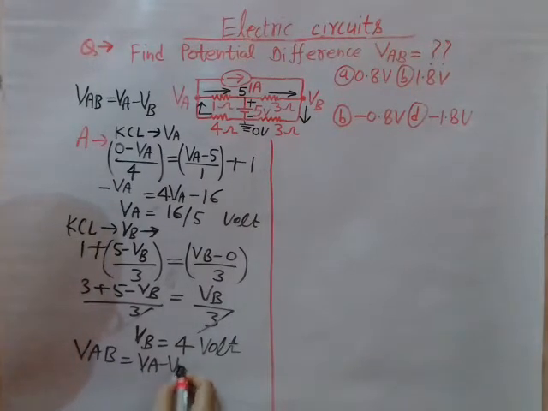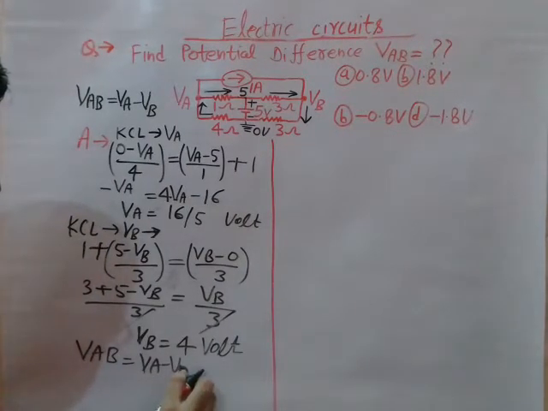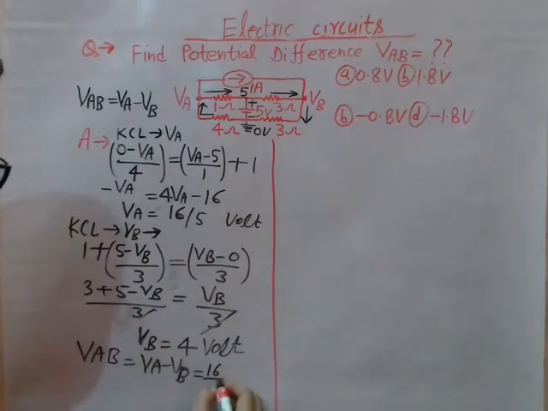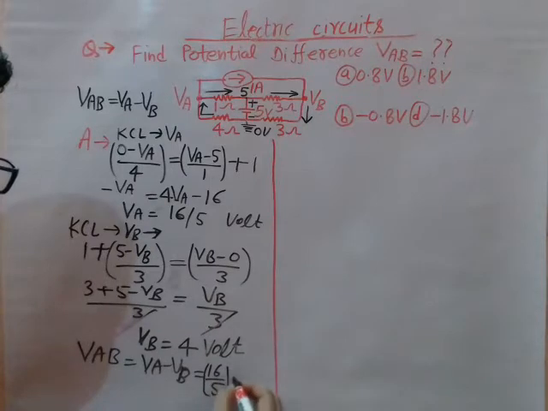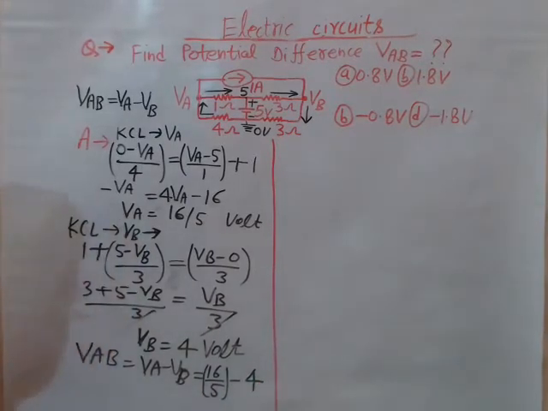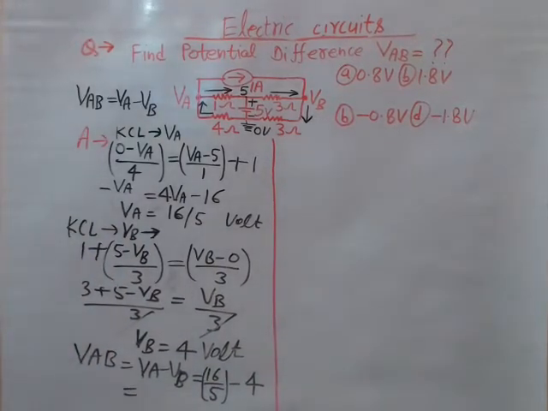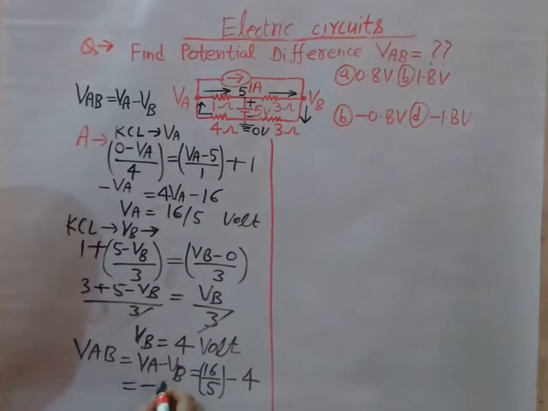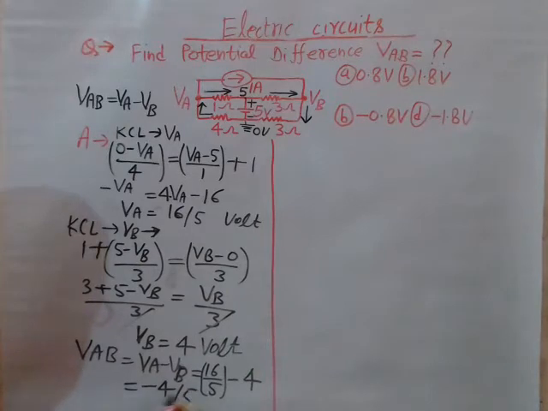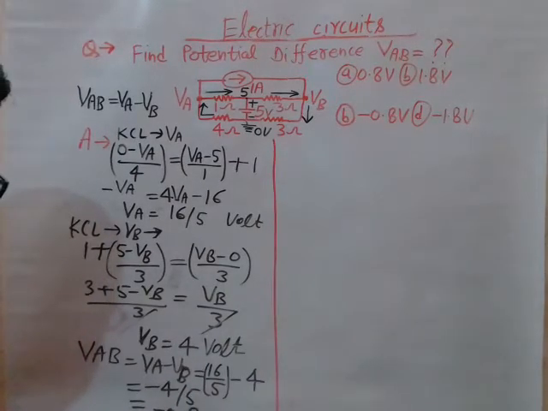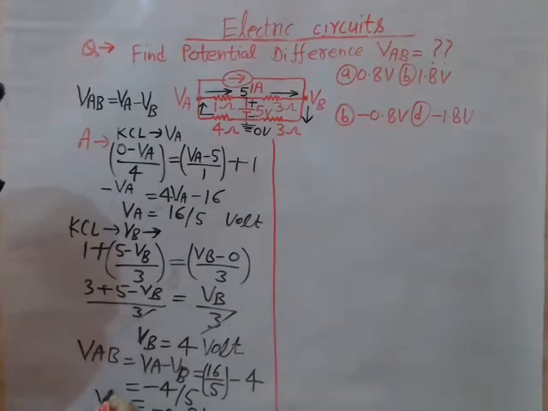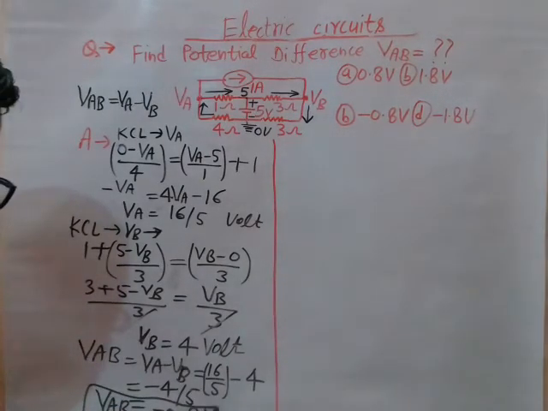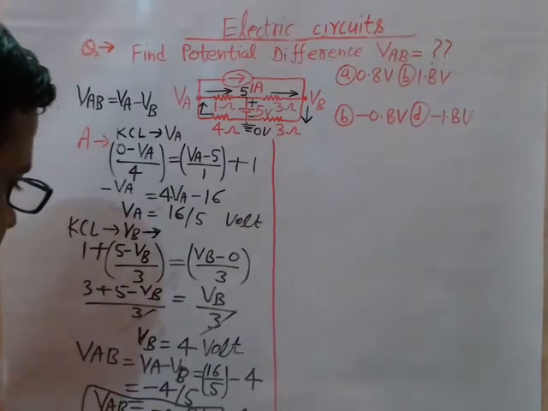VA is 16 by 5 minus 4. When you solve this, 16 minus 20 by 5, that means minus 4 by 5, or minus 0.8 volt. So this is the potential VAB, minus 0.8 volt.